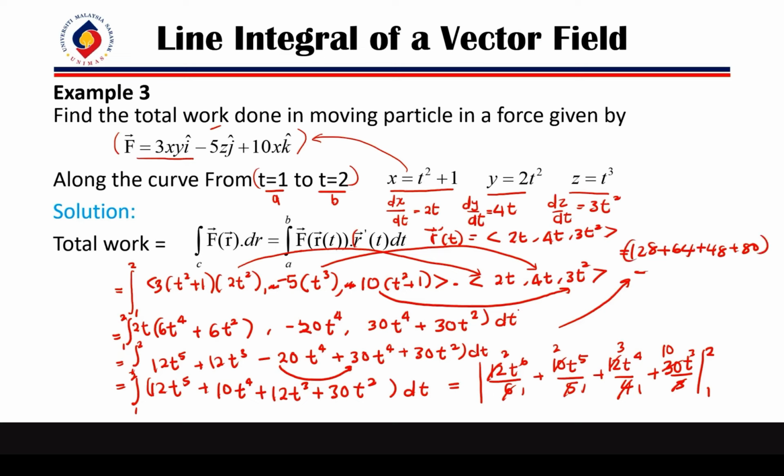Minus the value at t equal to 1: 2 plus 2 plus 3 plus 10. So what we get here is 128 plus 64 plus 48 plus 80, which is equal to 320, minus 17.